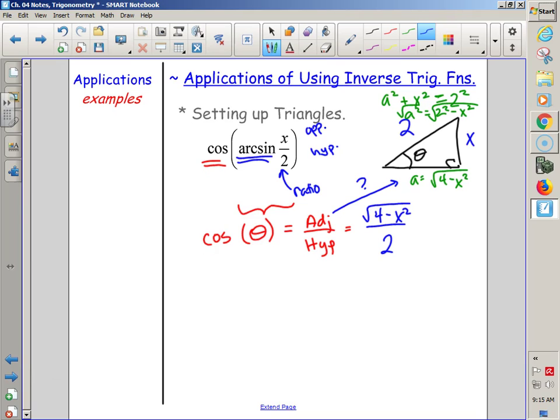If you wanted to be super jazzy, I suppose you could say plus or minus, since you didn't give me a quadrant. To be honest, technically you should put plus or minus, because cosine can be plus or minus depending on the quadrant. And if they don't tell you the quadrant, you can't say which one it is. I think the back of the book doesn't put a plus or minus, but you technically should.